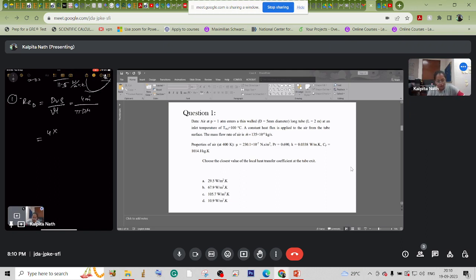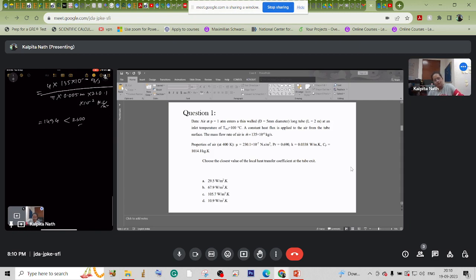So for mass flow rate 135 into 10 to the power minus 6 kg per second, and pi into 0.005 meter into 230.1 into 10 to the power minus 7 newton second per meter square, this will come out to be 1494, that is less than 2300. So the flow is laminar, because we know that for flow through a pipe, critical Reynolds number is 2300.